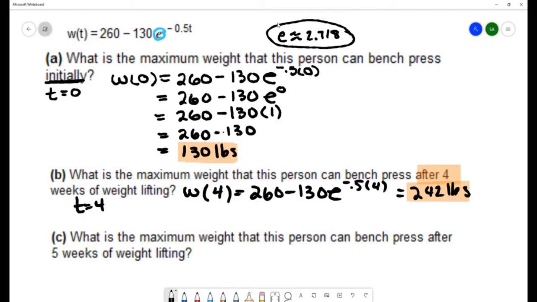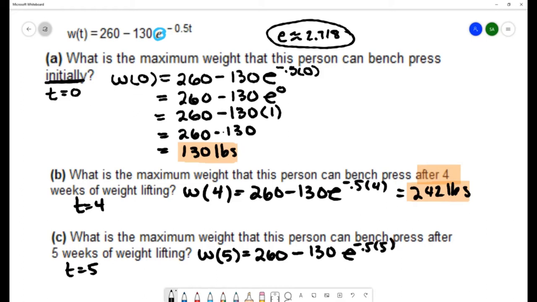So let's take a look at our last part, part C. What is the maximum weight that a person can bench after 5 weeks of training? This is going to give us a time of 5, and we'll substitute that into our formula, W of T. So we have W of 5 equals 260 minus 130 e to the negative 0.5 times 5.